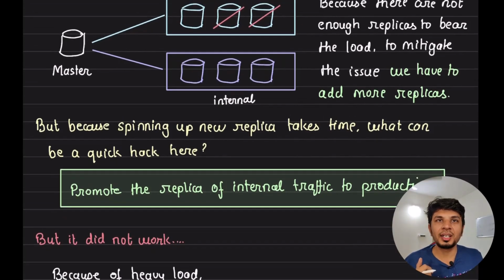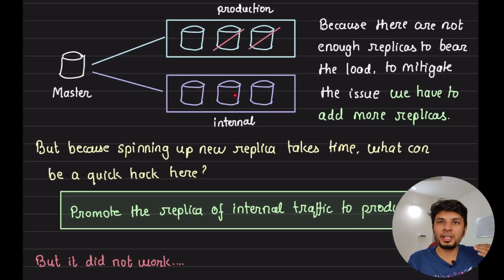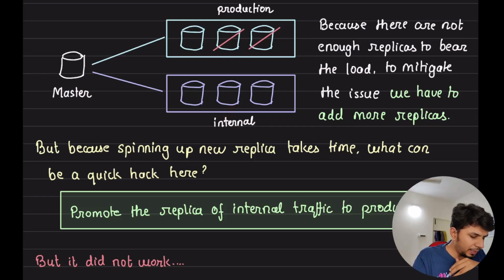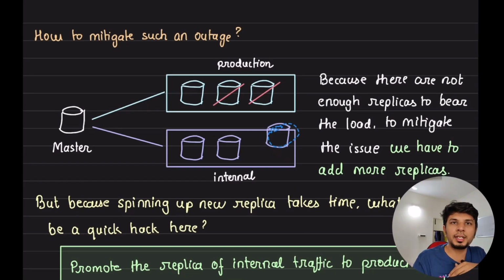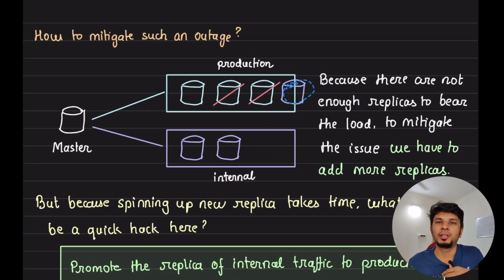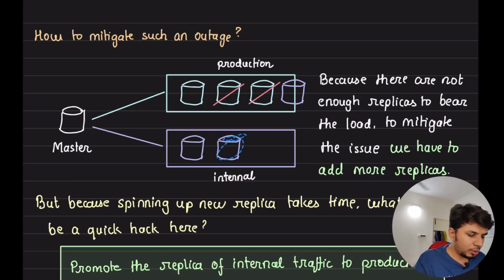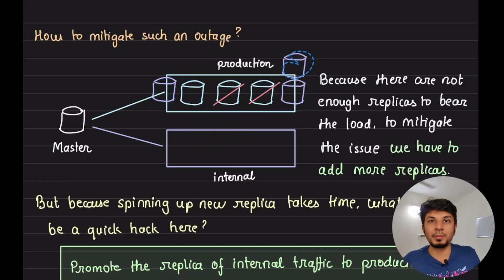What their engineers did is, because there was another fleet of read replicas replicating from the same master node but serving internal traffic, they literally promoted nodes from their internal fleet into their production fleet. So a read replica that was earlier serving internal traffic is now serving production traffic. They very quickly moved all of their internal replicas, because let the internal team suffer, that is okay.